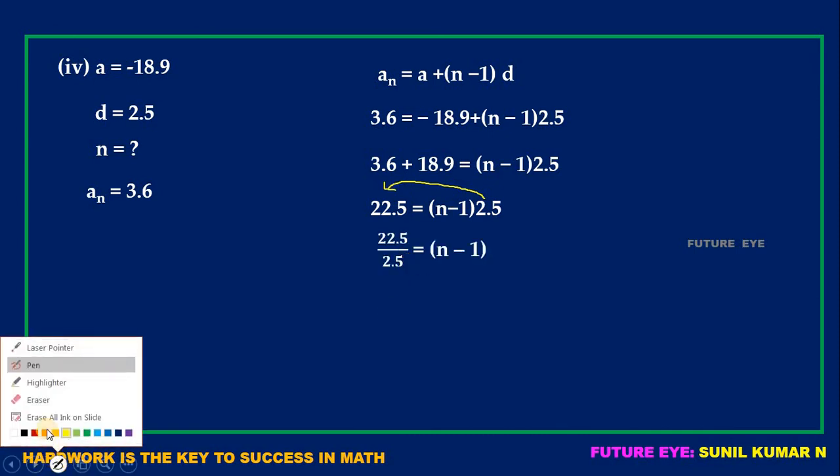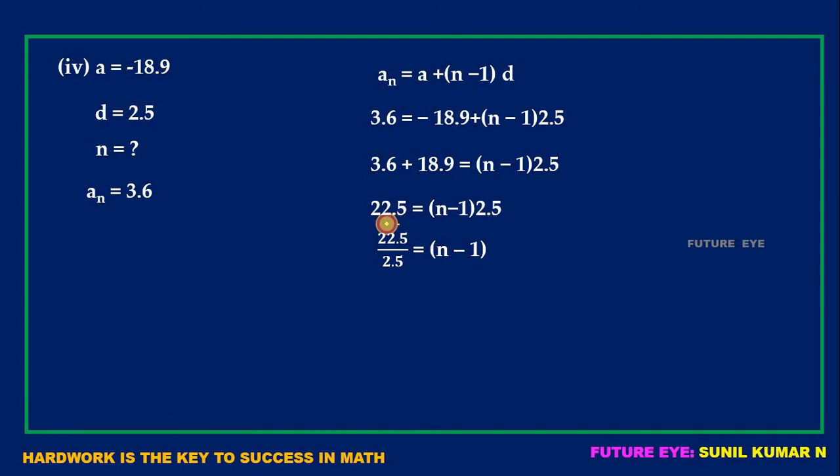Now understand carefully, children. See, in the numerator, here 22.5, how many digits are behind the point? Here 5 is behind the point, means 1 digit. And in the denominator also 1 digit is behind the point. The thing I am going to tell you is very important.